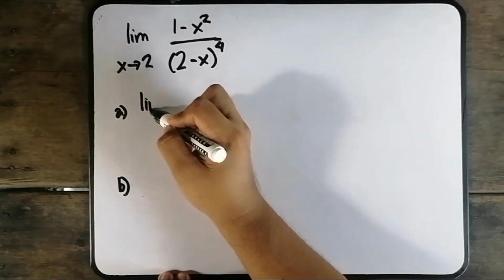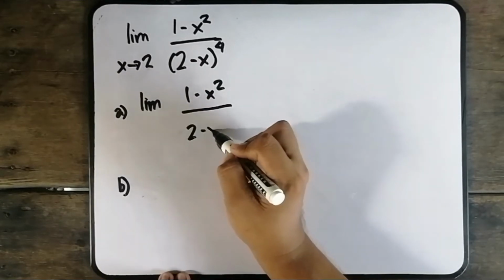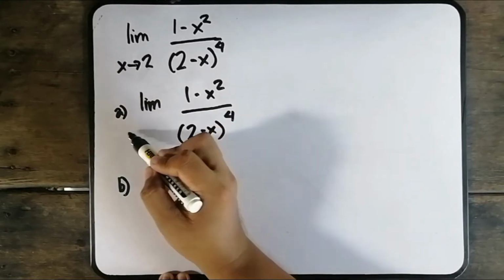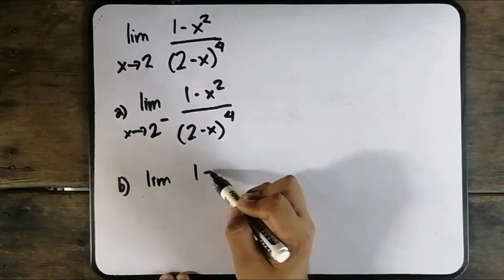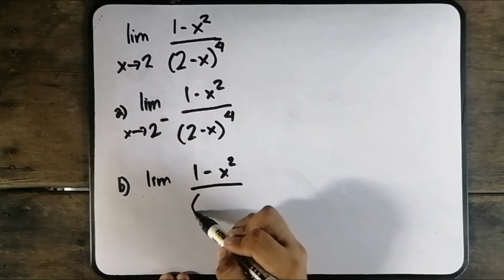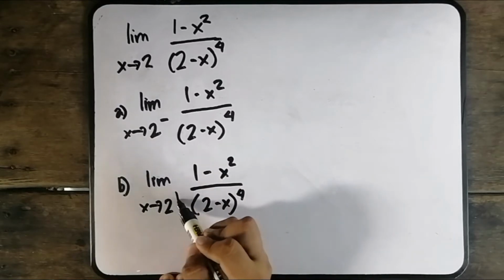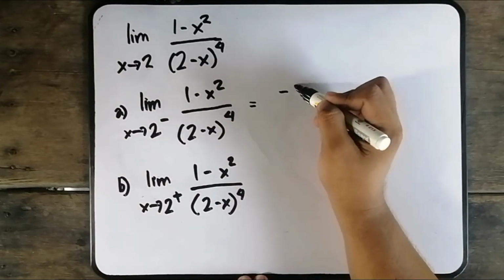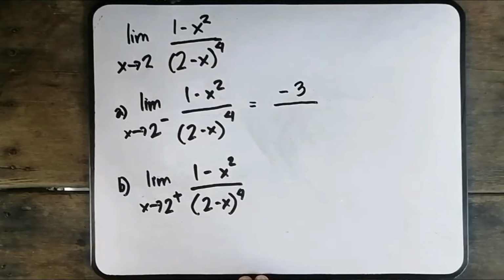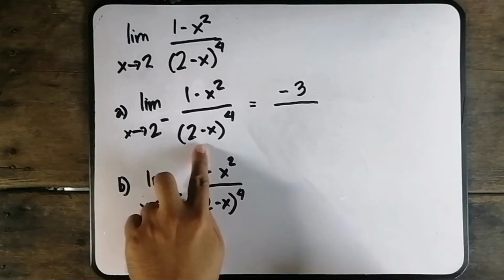So that is the limit of 1 minus x squared over 2 minus x raised to 4 as x approaches 2 from the left, and the limit of 1 minus x squared over 2 minus x raised to 4 as x approaches 2 from the right. So here, by direct substitution, we have negative 3 over, so kapag pinasok natin yung 2 dito from the left, so what are the values of x from the left?